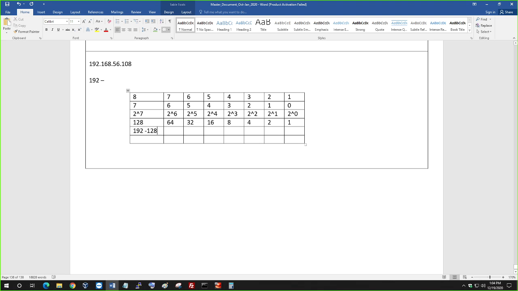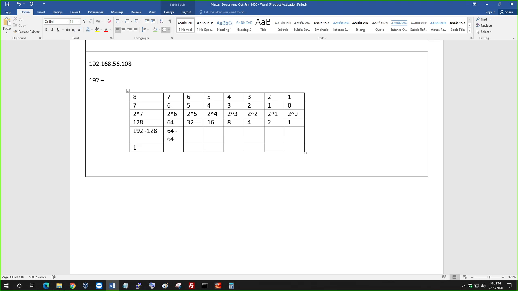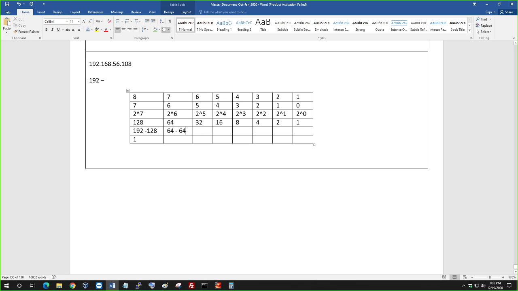How much is left? 64 is left. So 64 is going to go into a different box here. Since I'm able to subtract 128 from 192, I'm going to turn this switch on. Now 64 minus 64, I'm able to do the subtraction, yes. How much is left? 0 is left, right? Since I'm able to subtract, I turn on this switch, so this is on.